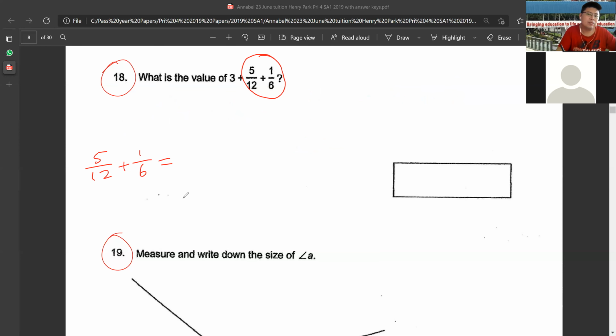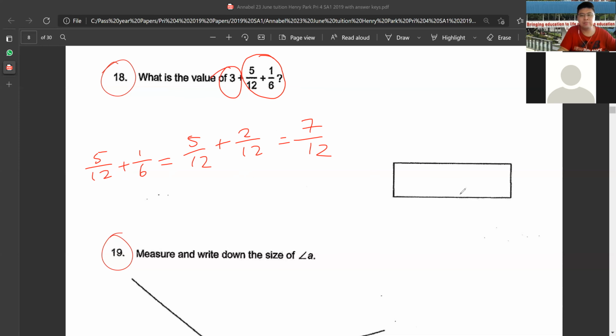This part will be, try again. What's the LCM of this? 2 over 12, 2 over 12. Equal to 7 over 12. Then I add a 3, right?